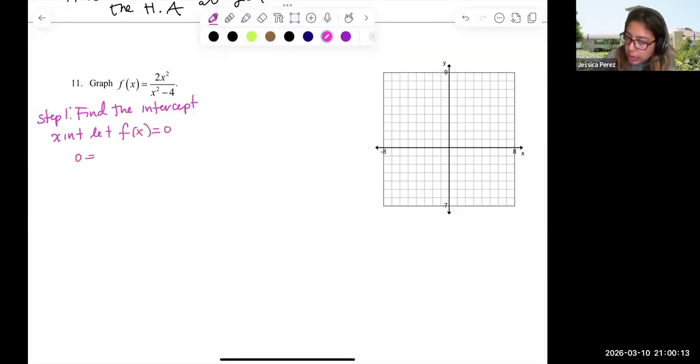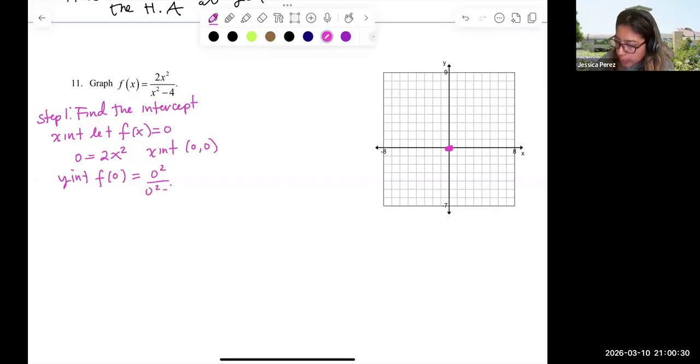So 0 is equal to 2x. That means that your x-intercept is at the point 0, 0. So let's go ahead and include it. Now the y-intercept is f of 0, which is going to be 0 over 0 squared minus 4. This is going to be 0. So the y-intercept is also 0, 0.